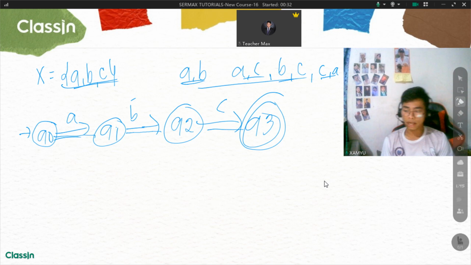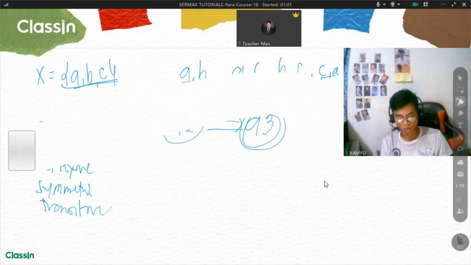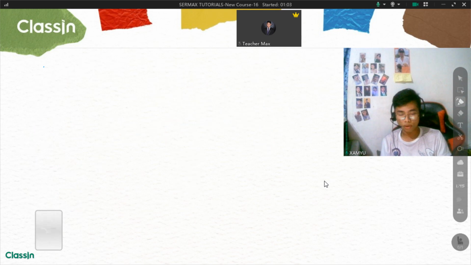So how can we define these, since there are three properties in terms of automaton? We are focusing on the reflexive property, and there will be symmetric, and there will also be the transitive. Let's run through them one by one, of how we can define those properties in terms of automaton.